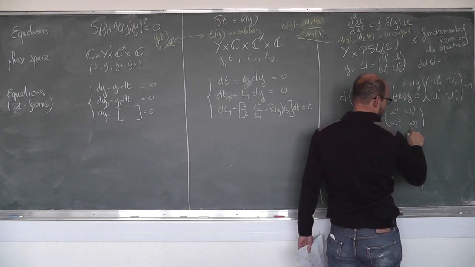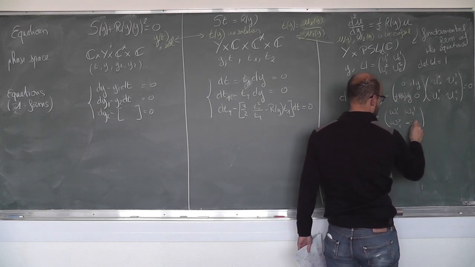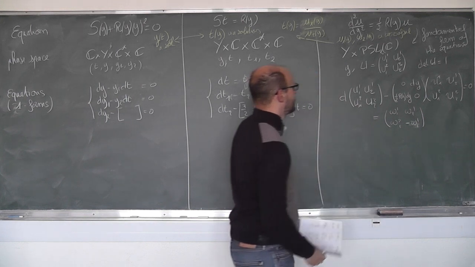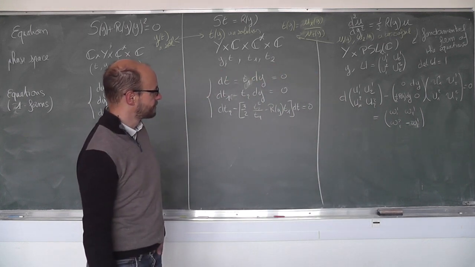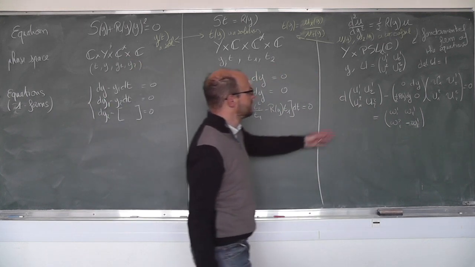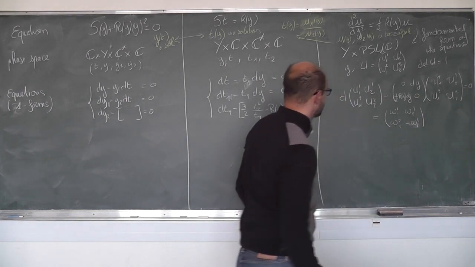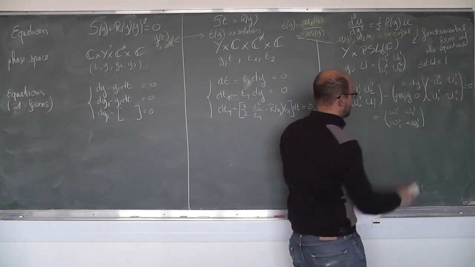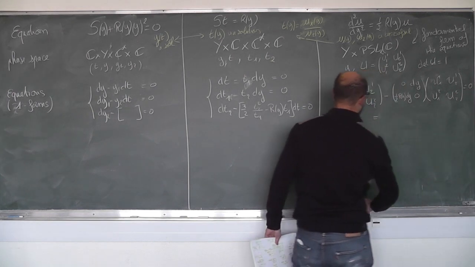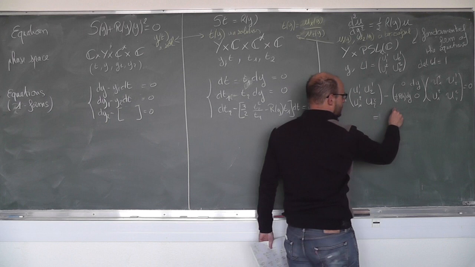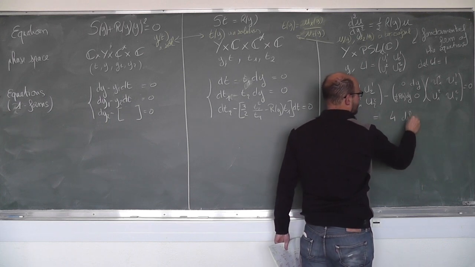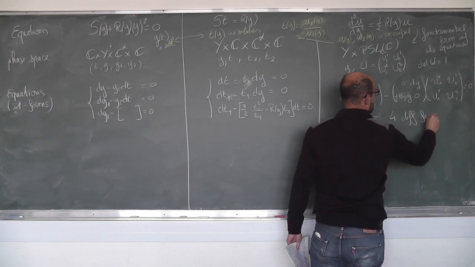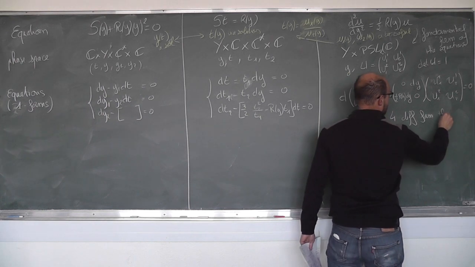But you can see that in fact this one is minus the first one, as the determinant is 0. Oh, it's not exactly true. Okay, we want this, and I do not have that up to now. So you have 4 differential forms that are not linearly independent.